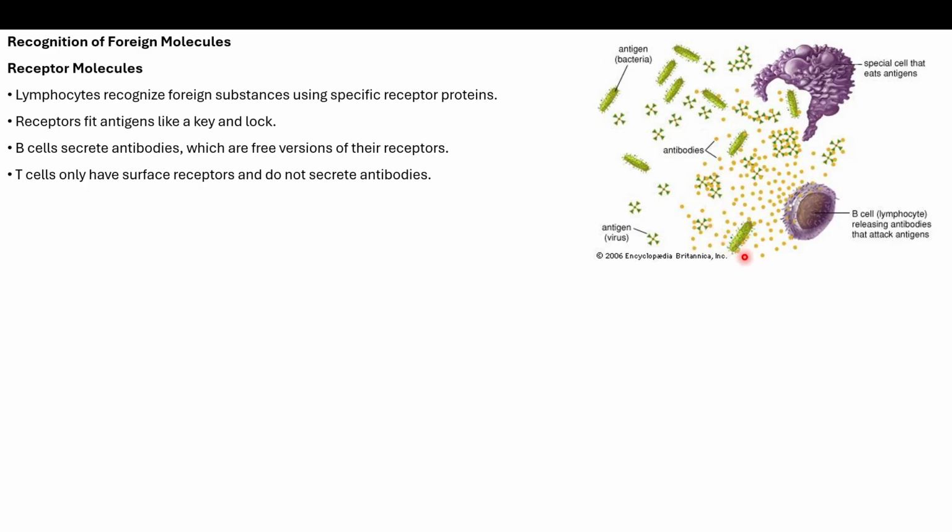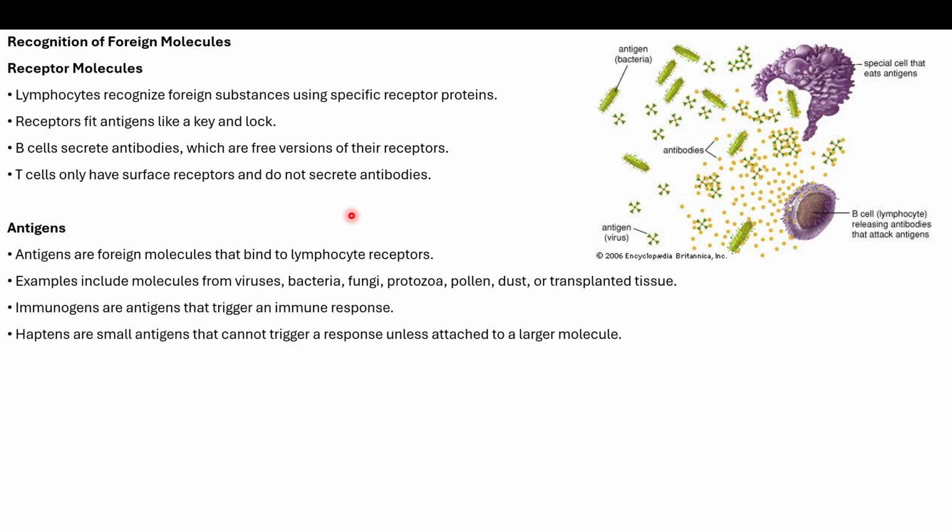All these antibodies are attaching to the pathogen or antigen, and these B cells are releasing antibodies, and we talked about macrophages and such, right? So those specialized cells are also there which will eventually phagocytose these antigens or pathogens. Overall, all these different types of cells come together to fight against a pathogenic attack.